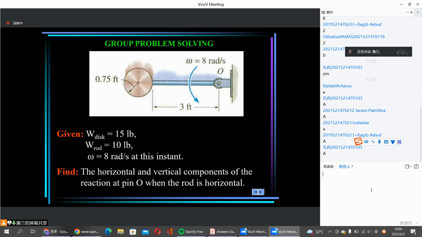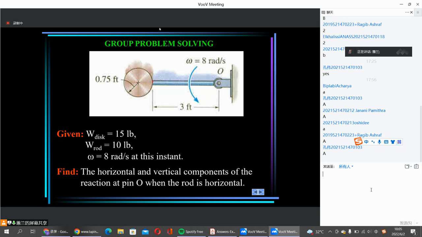Here the disk and the rod are fixed together, which means the disk cannot rotate relative to the rod. They rotate as one entire body about point O. There is no relative motion between the rod and the disk.